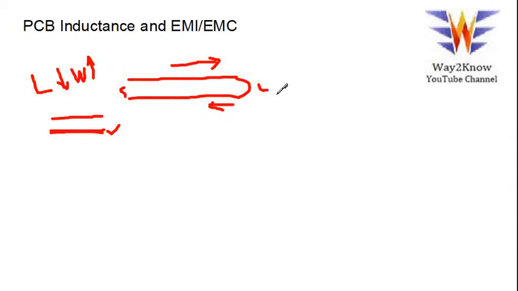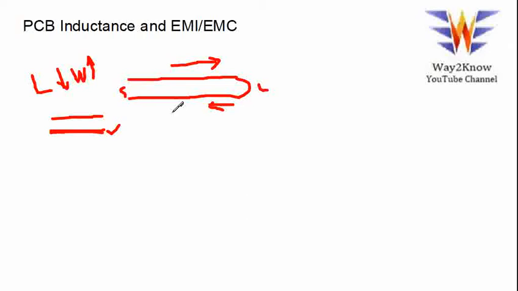In this case, we also have the inductance of the ground plane which comes into the picture. So this is a ground plane because the return current passes through ground, right? Now this particular point, the ground we are talking about, has a significant impact on the inductance.